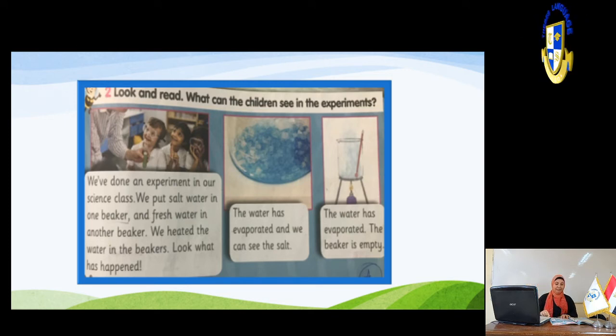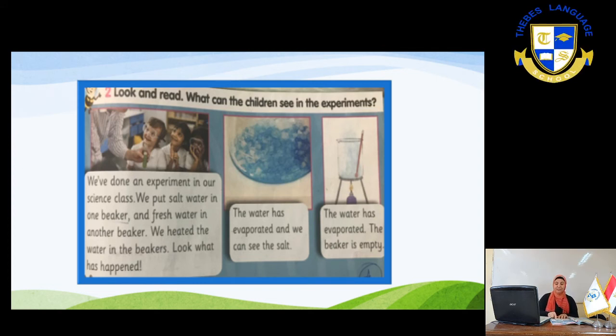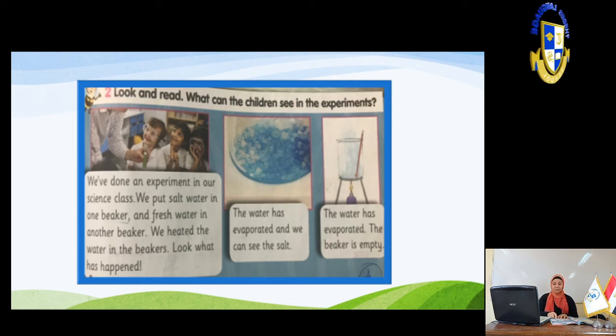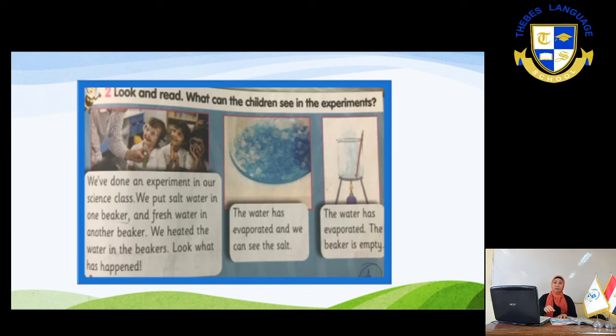We heated the water in the beaker. Look what has happened. The water has evaporated and we can see the salt. Of course, you heat it for a long time, not a short time. The water has evaporated. The beaker is empty at the end.